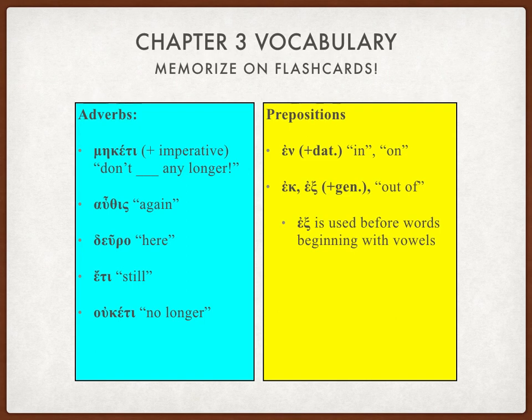And you can use context to figure out which one makes sense. Its opposite is ek, or sometimes ex. It takes the genitive case and means out of something. We saw this, for example, with ek oinou in the readings from chapter 2. Ek or ex. The only difference here is that ex is the form used before words beginning with vowels, so ek or ex mean the same thing with the genitive.